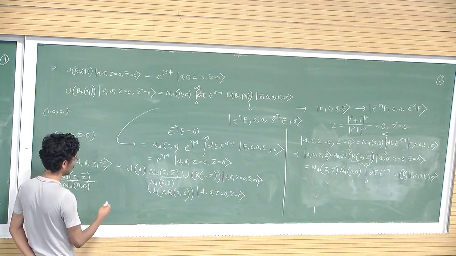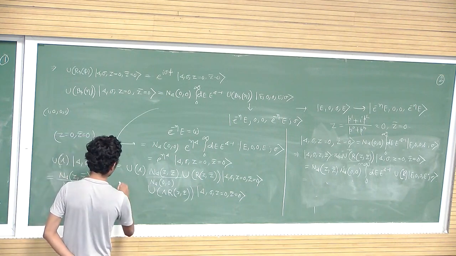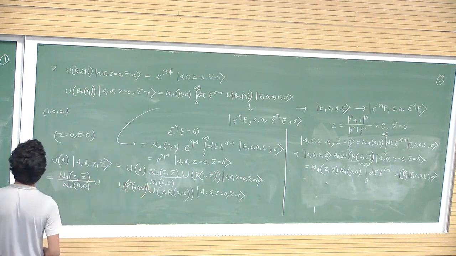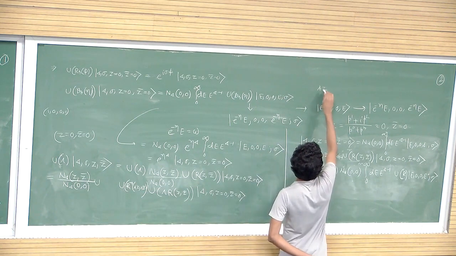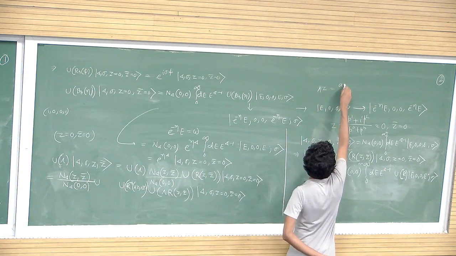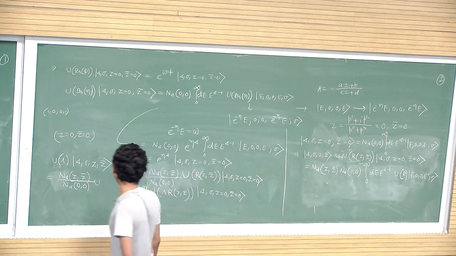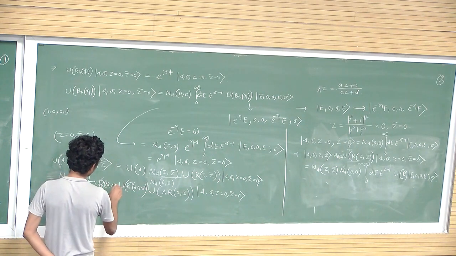Now I am writing an identity matrix in this way, that u of r inverse lambda z bar. If you remember my notation, my lambda z was the transform z, like az plus b over cz plus d, and lambda z bar is the corresponding bar thing. This u of r lambda z bar.